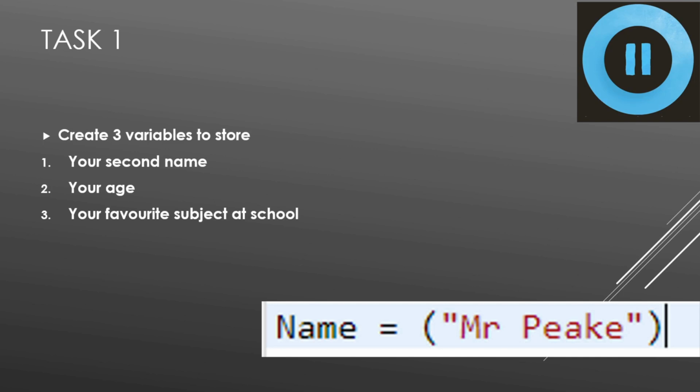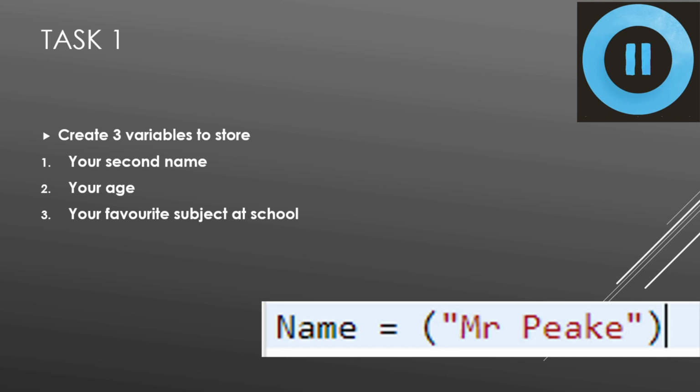So the first task I want you to undertake is I want you to just create 3 variables for me in Python. So open create with code and create 3 variables. And I want you to create 3 variables that will store your second name, your age, and your favourite subject at school. Now remember, I want you to follow those rules when you're creating your variable.